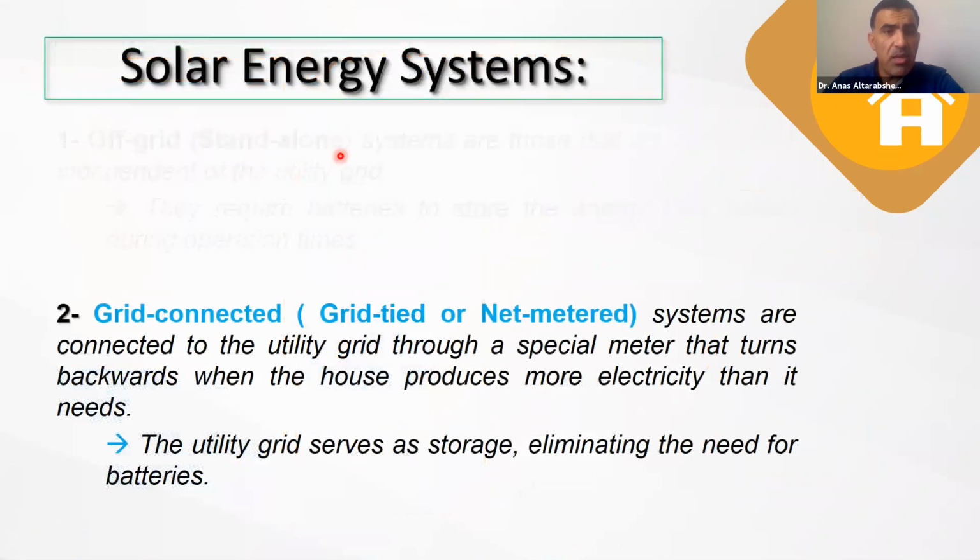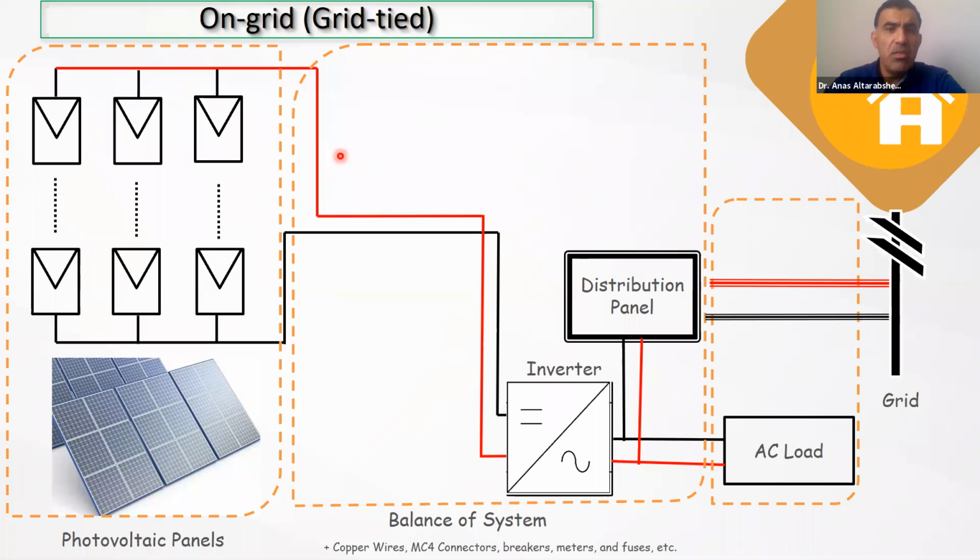Now the second type is the grid connected, or you can call it grid tied or net metered PV systems. The main difference for this type is that we eliminate the batteries. Why is that? Because the storage now becomes the utility grid itself. So this is the main structure of any on-grid system. So here we don't have batteries in the system.